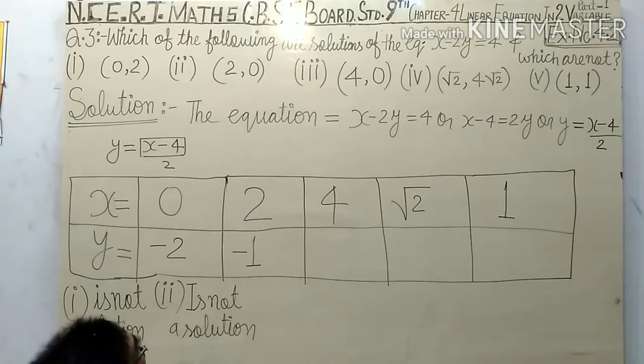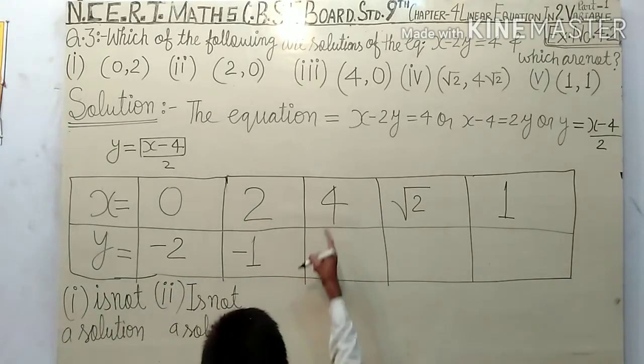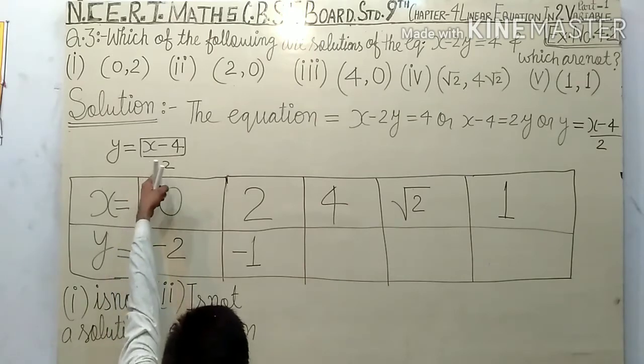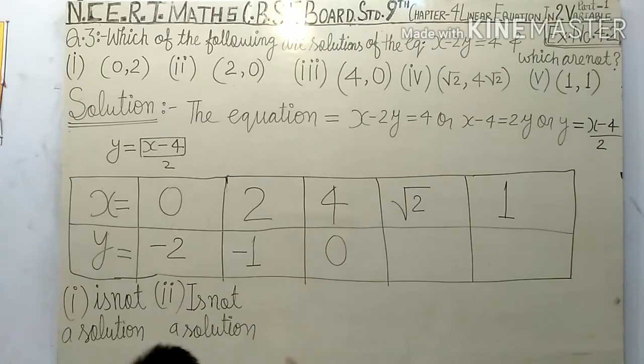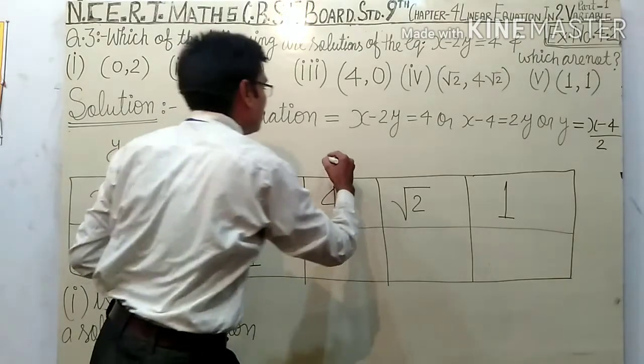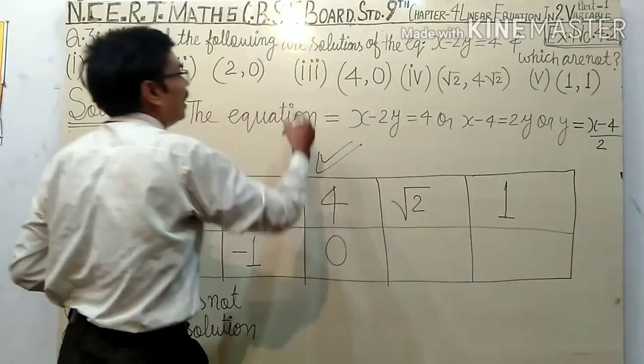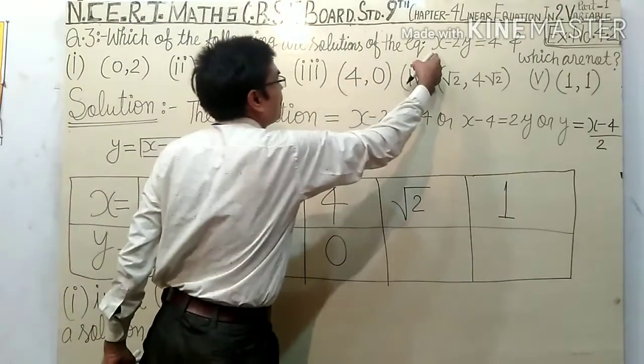And third option with value of x equals 4. 4 minus 4 upon 2, 0 by 2, 0. This value satisfies. This means this is the solution of equation x minus 2y equals 4.